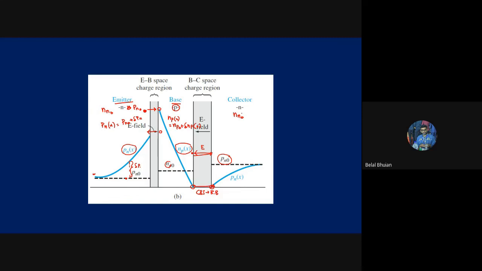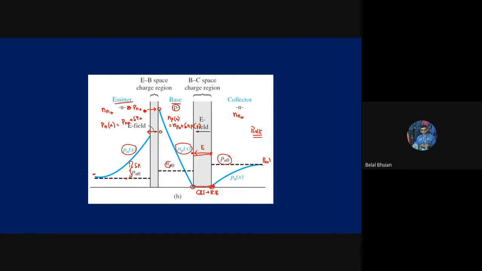Similarly, holes in the N side, where the majority carrier is electron and minority carrier is hole. From the bulk, this is our bulk; we already discussed what bulk is, a neutral N or P side. From the bulk they will diffuse because the concentration of minority carrier here, Pn naught, is high, but here it is low.